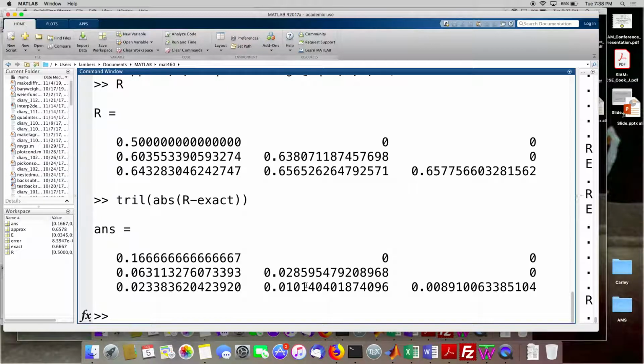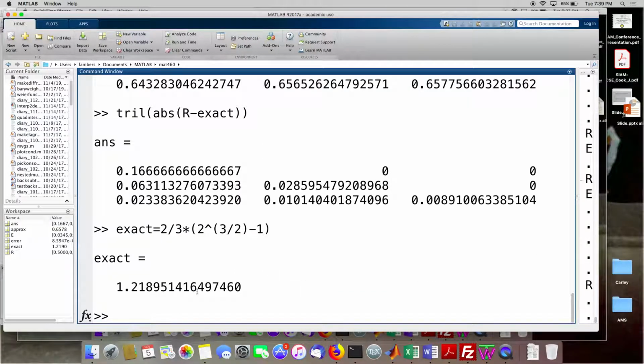Now I'm going to do one more example. Same function, but I'm going to go from 1 to 2 instead of 0 to 1. So in that case, the exact value is going to be 2/3 x to the 3/2, so it's going to be 2/3 times 2 to the 3/2 minus 1. Okay, so this is the integral of square root of x from 1 to 2.